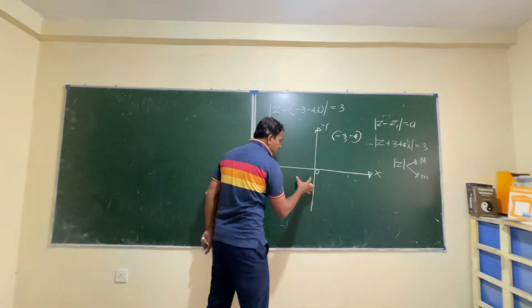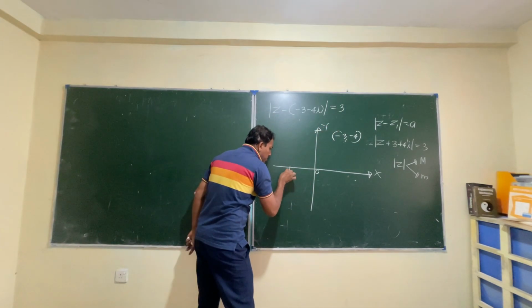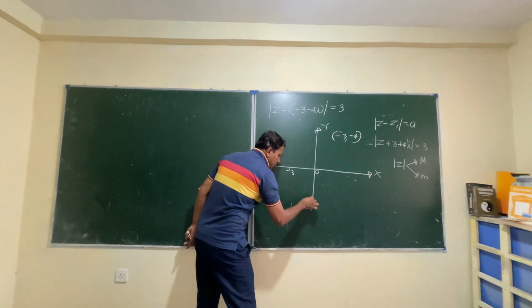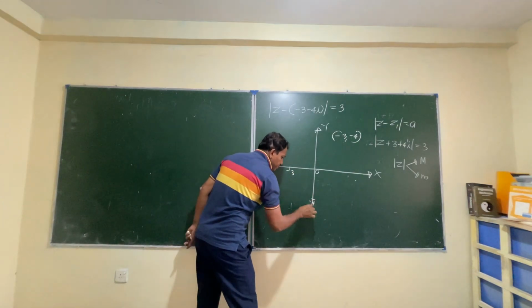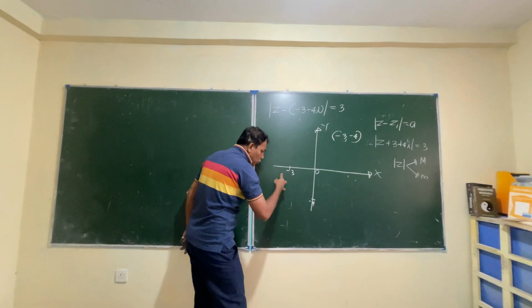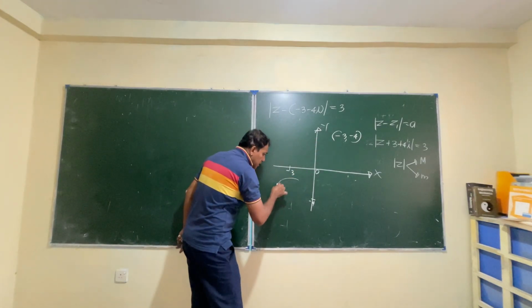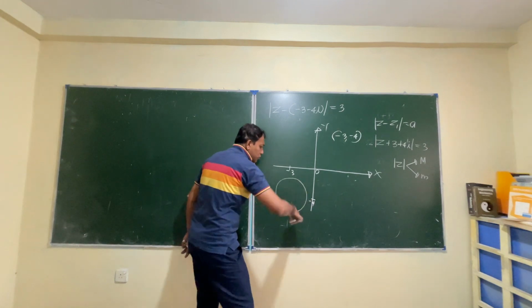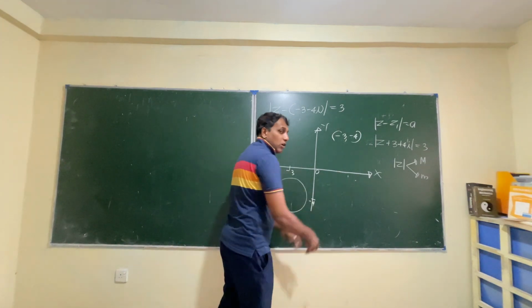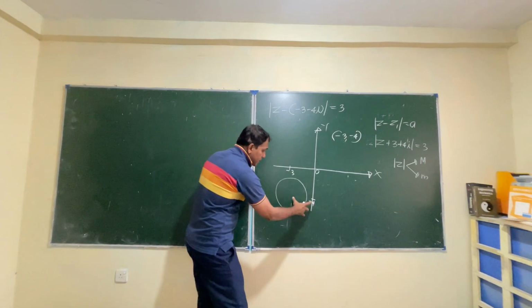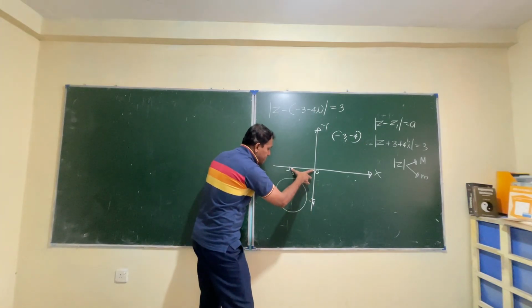Radius 3. If I mark minus 3 here, and here minus 4, then radius 3 means the circle comes something like that. It won't go out to that side of the y-axis. The radius here is completely 3 units.